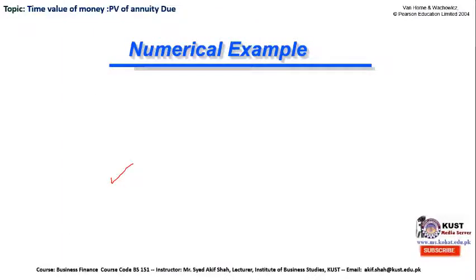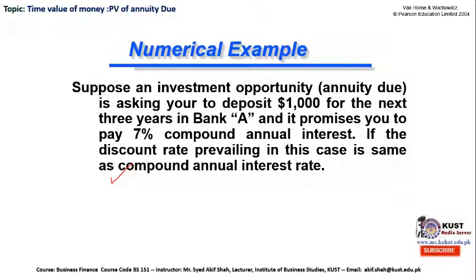Let's take a numerical example to explain how to calculate the present value of an annuity due. Let's suppose an investment opportunity, which is an annuity due, clearly mentioned in this numerical case, is asking you to deposit $1,000 for the next 3 years in bank A. It means N over here is 3.